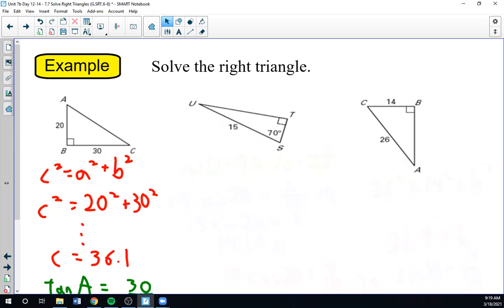And hopefully you've gotten angle U, because to get angle U, I just need to take the angle and subtract it from 90. Same way I did before. As soon as you have one of the angles, subtract it from 90 to get the other angle.